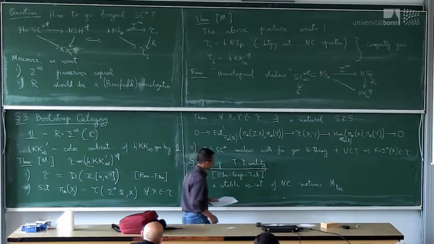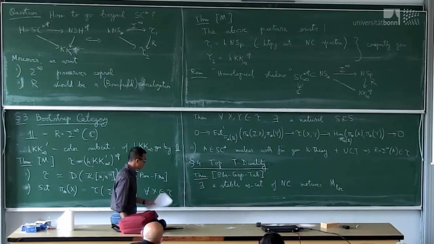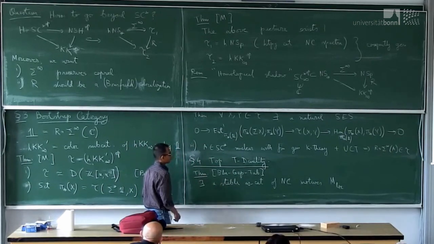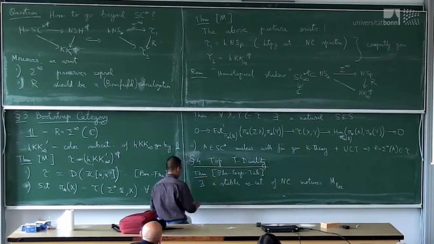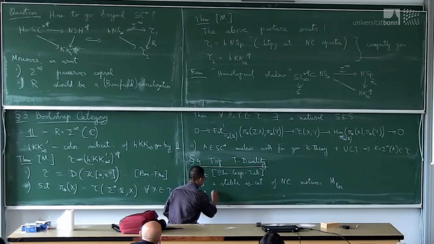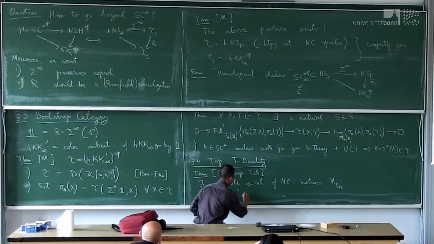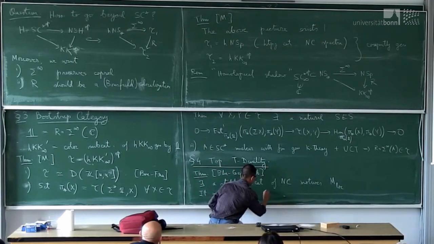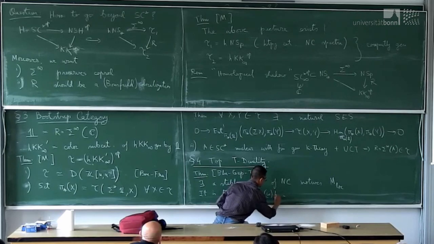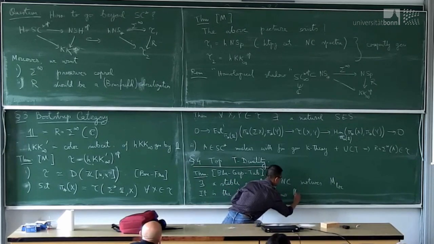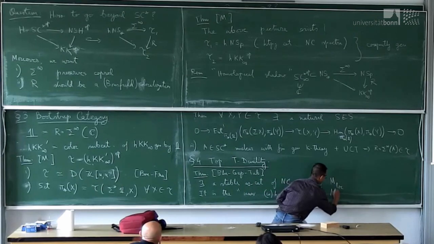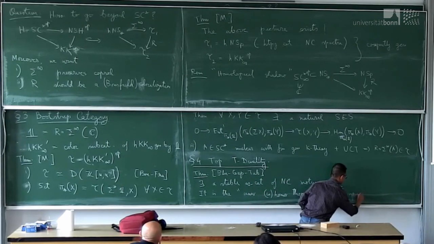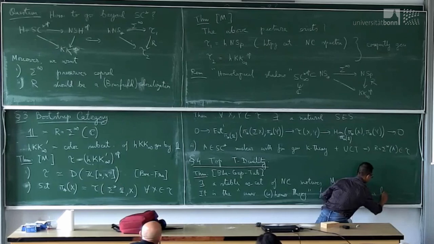What is quite important for me and for anyone who's interested in non-commutative motives is this catchphrase that it is the universal cohomology theory for non-commutative spaces in the sense of Kontsevich.